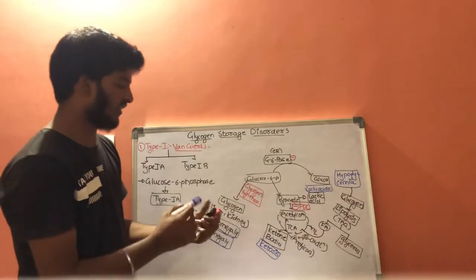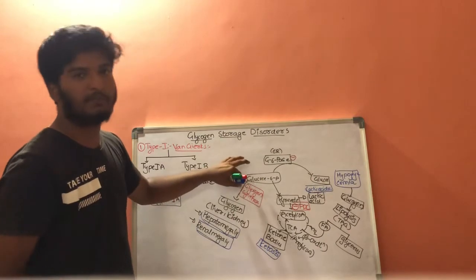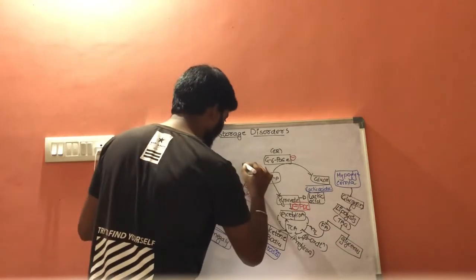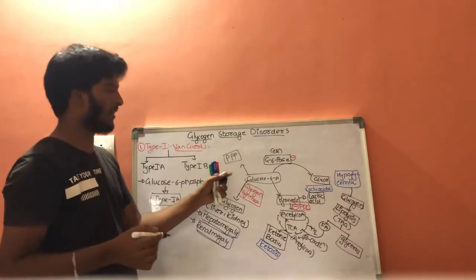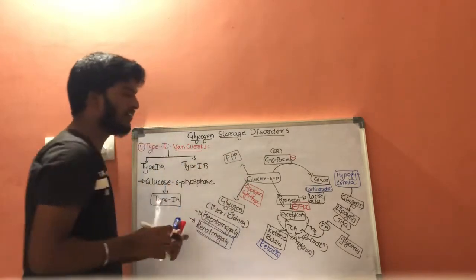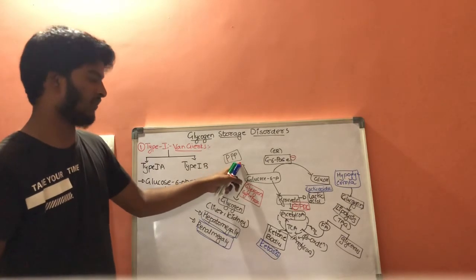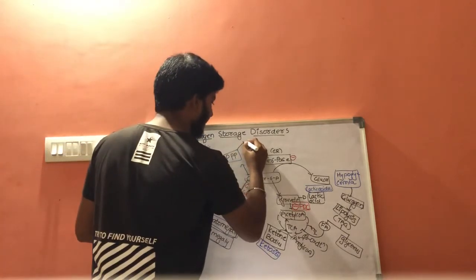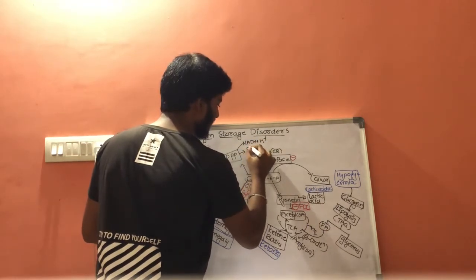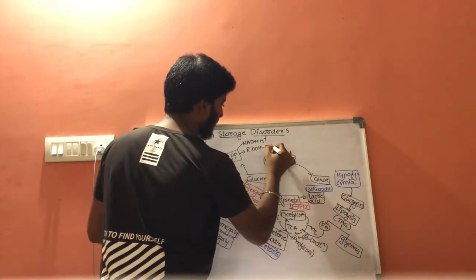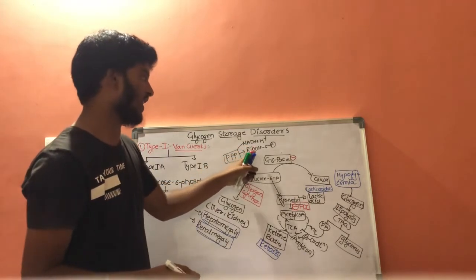This is one fate, and this glucose 6-phosphate can also enter into the pentose phosphate pathway. Whenever it enters the pentose phosphate pathway, it liberates NADPH plus H plus and ribose 5-phosphate.